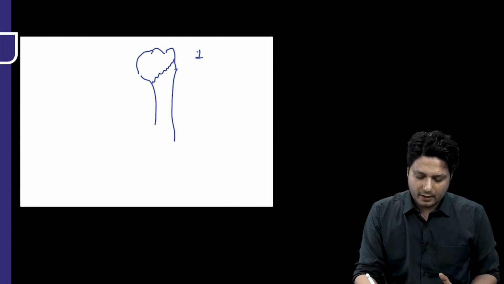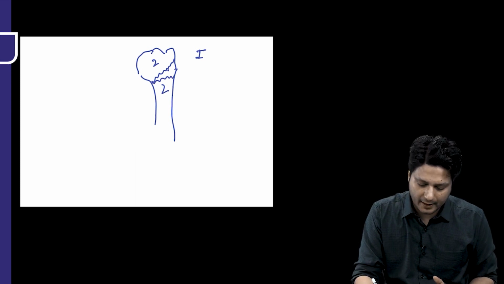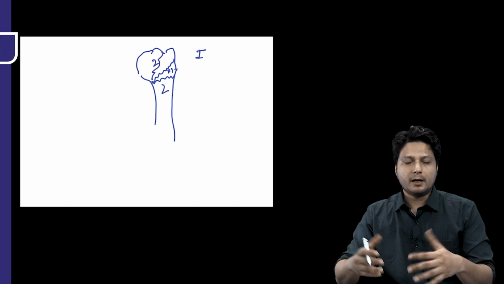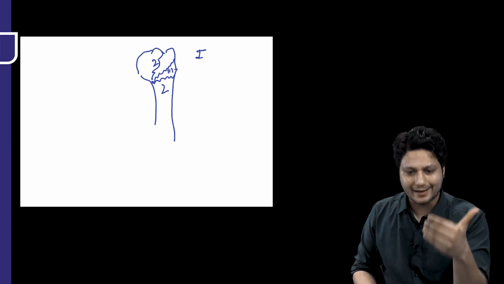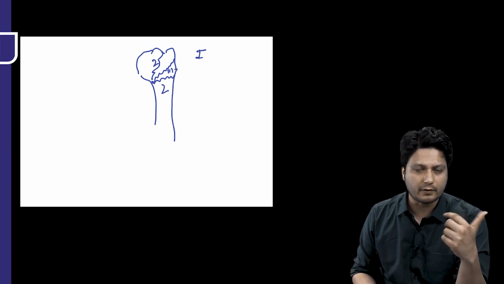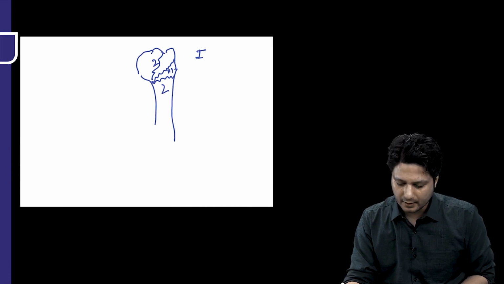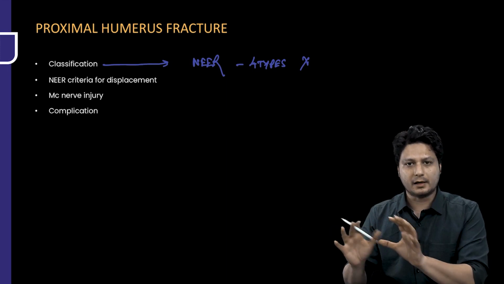Type 1 is a 2-part fracture. Then type 2 is a 3-part fracture. There will be an association of a 3rd part. Then type 4 is, so simply it means that with the addition of the fracture line, one type of fracture is getting added in the list according to the Neer classification. So no question is going to be framed on what exactly the Neer classification is. But what you have to understand is just the name. Remember the name, Neer classification.